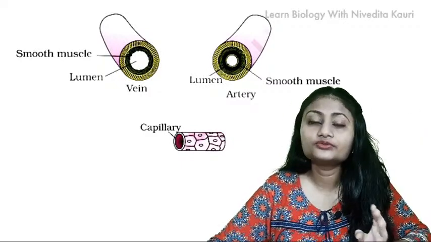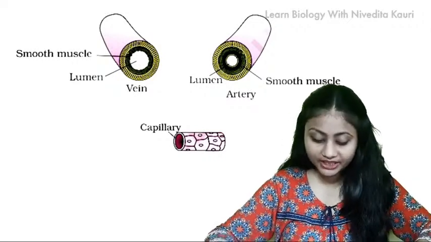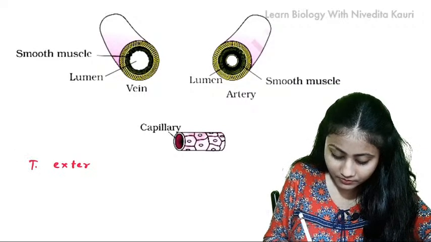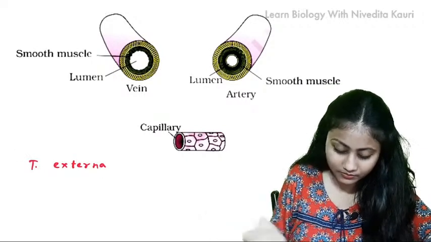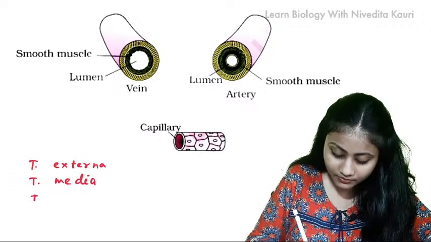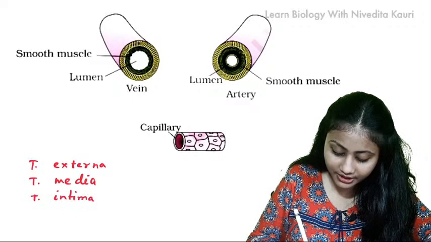The walls of arteries and veins have 3 layers: the tunica externa, tunica media and tunica intima.